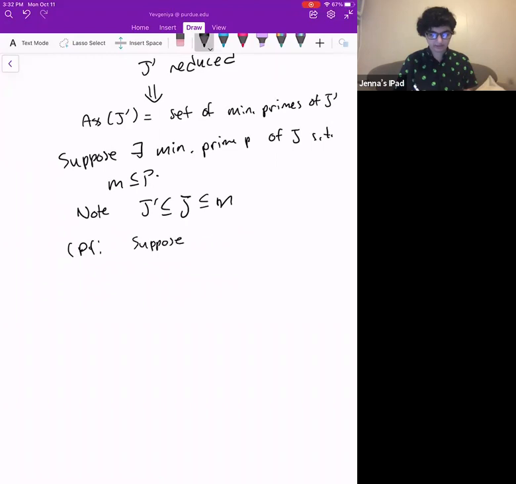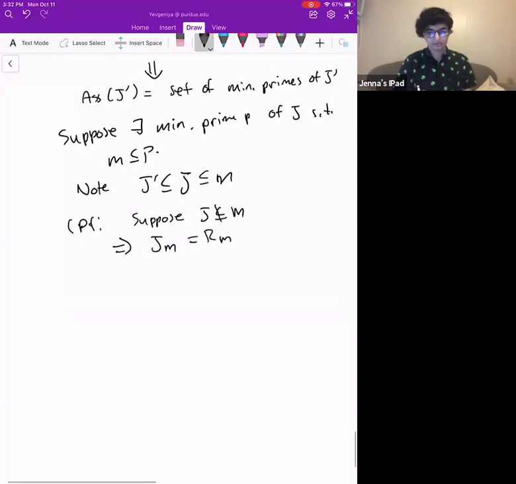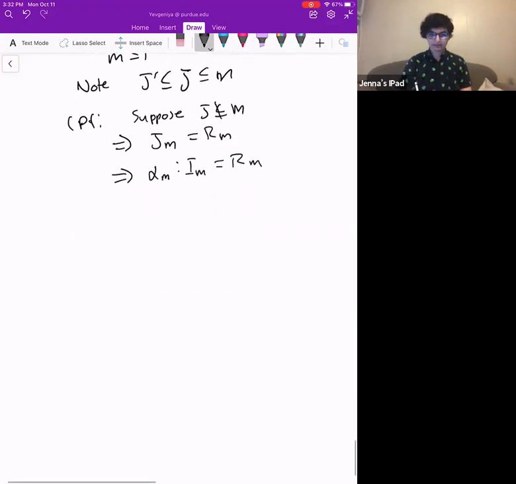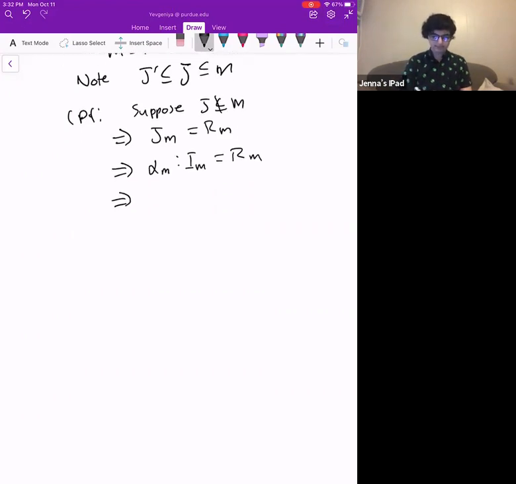Suppose that it's not. Then J_M is going to be R_M, which tells us that alpha localized at M colon I localized at M is R_M. And that's because localization commutes with colon ideals. But this then implies that alpha_M is equal to I_M.